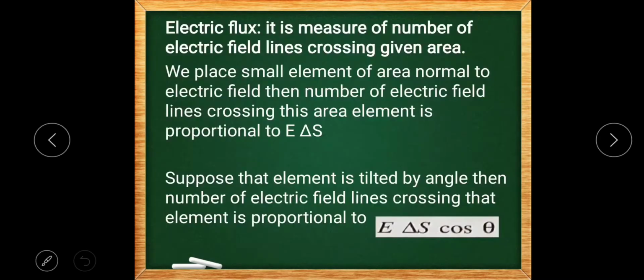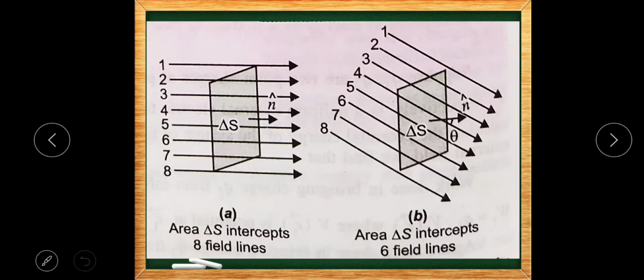Next, suppose the element is tilted by an angle theta. Then the number of electric field lines crossing that element is proportional to E delta S cos theta, where theta is the angle between E and delta S, or the angle between the electric field line and the unit vector drawn normal to the area element.